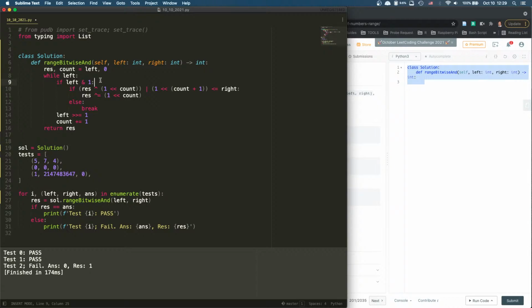And just check for each one, can we create a value that's bigger than left, which is what we're doing here. That's bigger than left, but it's smaller than right. If we can create a value bigger than left, smaller than right, with that position being 0, then that one needs to be turned into 0, right? Otherwise, we escape. Right, so that's my answer.